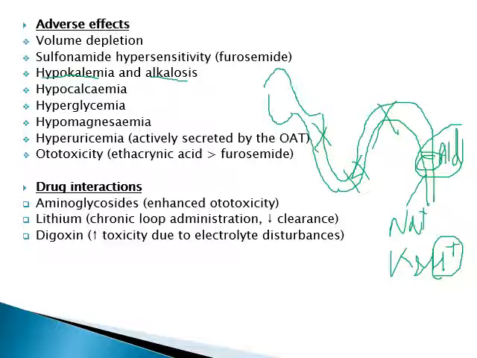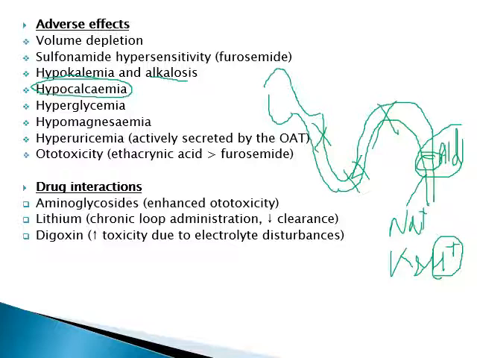Okay, and again I have told you it will decrease the paracellular transport of calcium or reabsorption of calcium, and that can lead to hypocalcemia. So in a post menopausal woman, we should use loop diuretics very carefully, as they can lead to hypocalcemia and development of osteoporosis there.